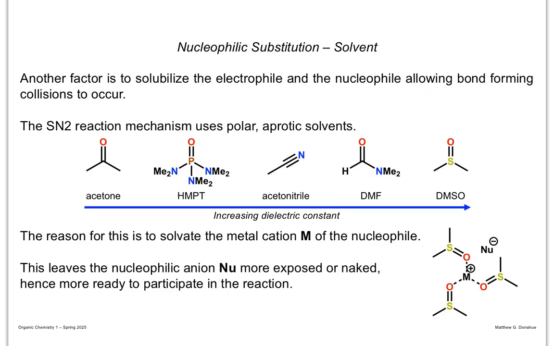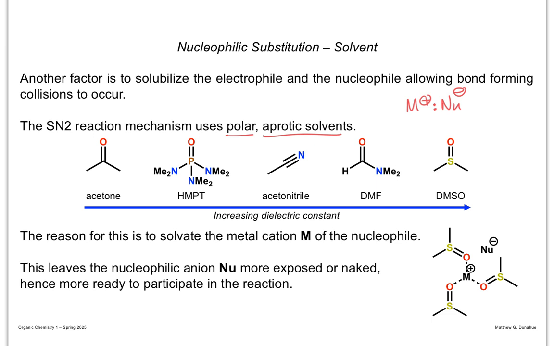So why do we need these polar aprotic solvents? Again, polar, there's some change in electronegativity. Aprotic, they do not have OH or NH bonds. One of the reasons is nucleophiles typically have this form where you have a metal cation and then your nucleophilic component that has the electron pair that's donated is then negative.